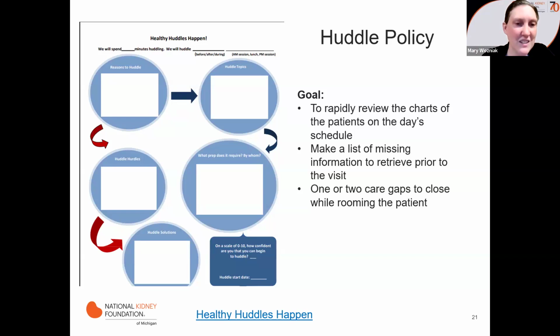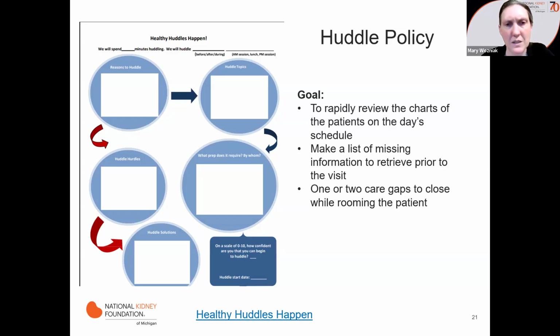I encourage you to check out this website about how healthy huddles happen, and really how to decide as a team how much time you're going to spend. Usually 5 to 10 minutes tops is best practice. Decide when and where you're going to huddle, the reasons for the huddle, and what the main topics are.